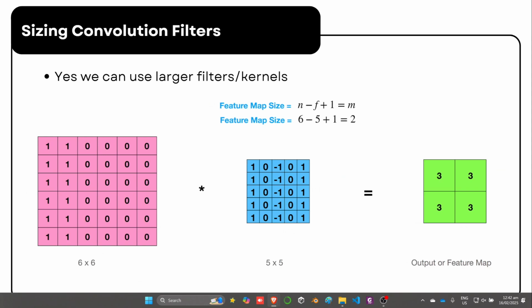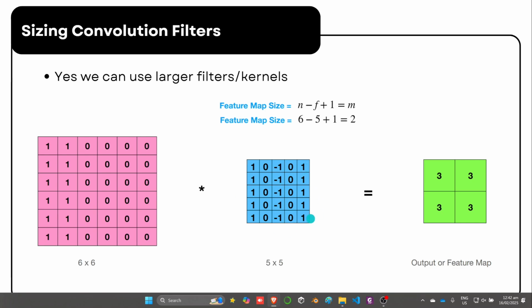Firstly, before I go into that explanation, what I want to show you is if you use a 5 by 5 filter here for this example, and here we have a 6 by 6 image. This one is 1, 2, 3, 4, 5.